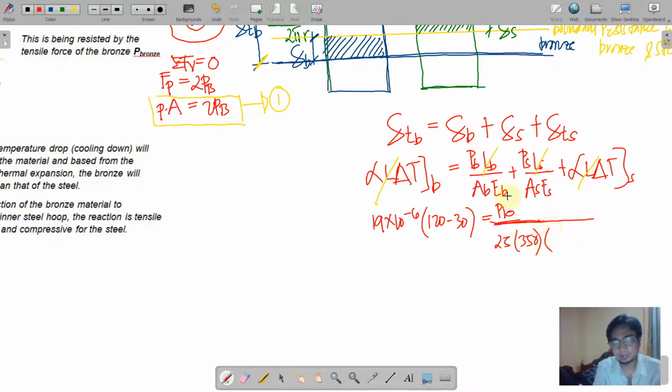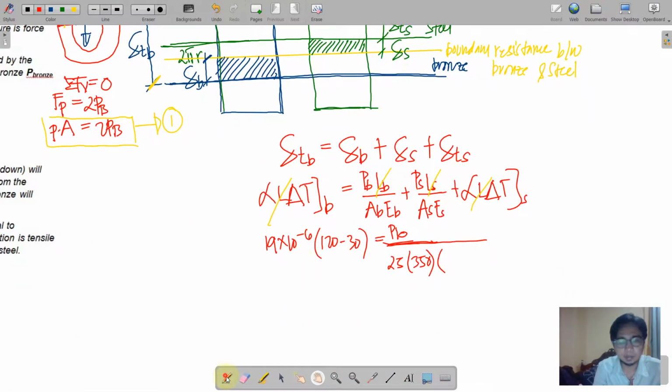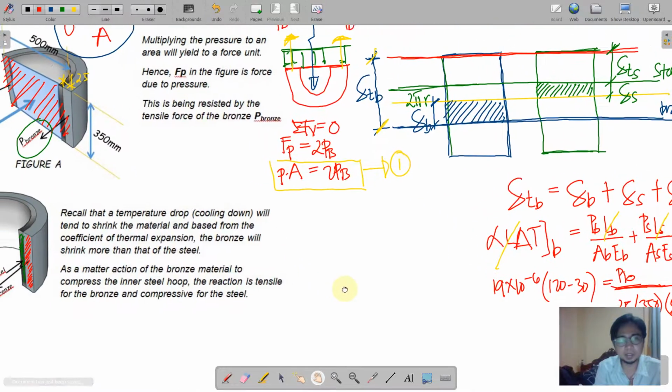And then E here for bronze is 83,000. Okay. And then plus PS all over. So ano naman yung na-compress sa steel? What cross-sectional area is being compressed?